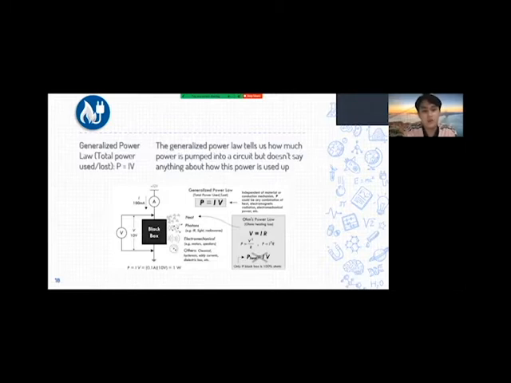Using an ammeter and a voltmeter, we can apply the generalized power law, multiply the current and the voltage together, and we can get the power going into the circuit.